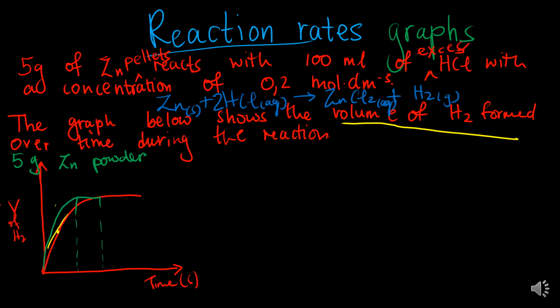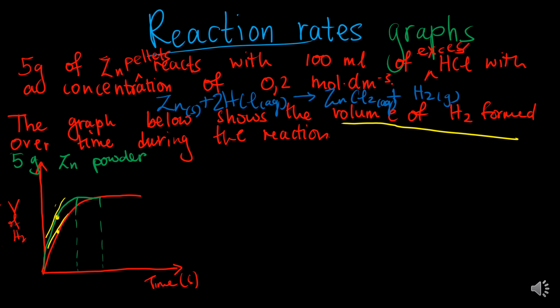So let's compare this tangent and this one, right? You'll see the one in green is steeper compared to the tangent for the one in red at the same time. What does that mean? It means the reaction rate in green is faster than the reaction rate represented in red, right?